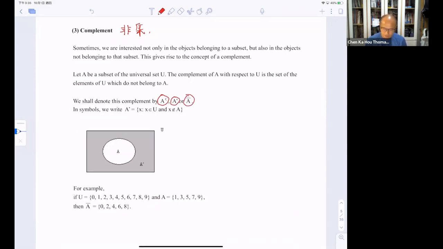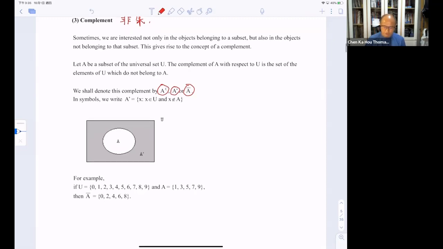To illustrate the complement, if the white circle is A, its complement is the element outside the circle. So if the universal set is the numbers from 0 to 9, and A is 1, 3, 5, 7, 9, then A's complement is 0, 2, 4, 6, and also 8.